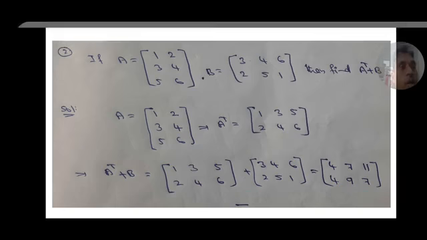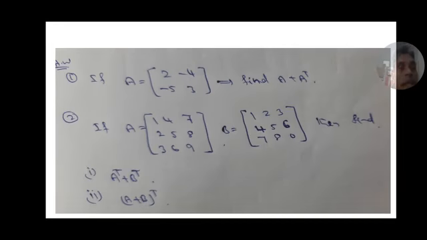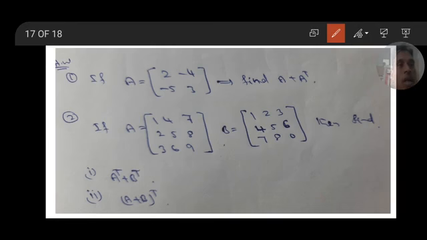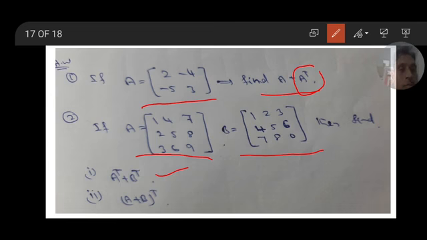Next, homework problems. If A equal to [2, -4; -5, 3], then find A plus A transpose. First find A transpose, then add both the matrices. Next, second problem: if A equal to [1, 4, 7; 2, 5, 8; 3, 6, 9], a 3 by 3 matrix, B equal to [1, 2, 3; 4, 5, 6; 7, 8, 0], then find A transpose plus B transpose, and (A plus B) whole transpose.